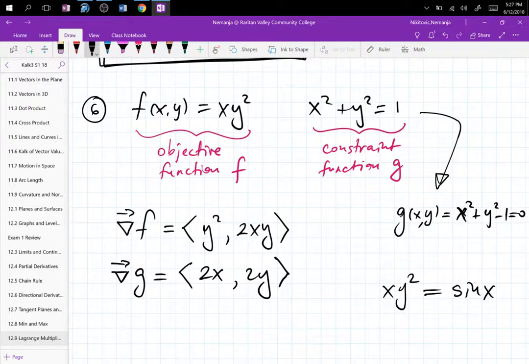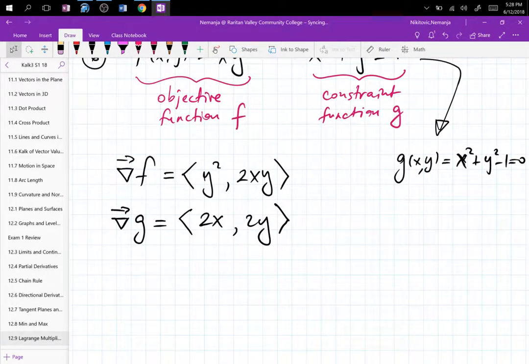How do you take the derivative when there is an equal sign in between? Your job is to move sine to the other side, make it equal to 0, and then take the derivatives. So please remember that your job is to first create the constraint function so that g equals everything else, which is the implicit form, and then you can take your partial derivatives to form the gradient for g.